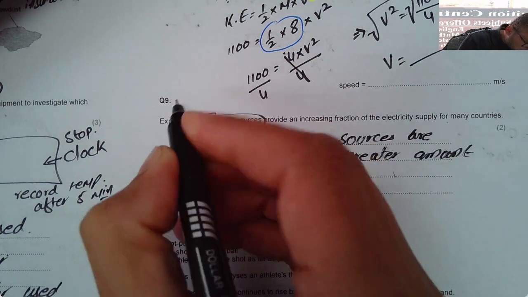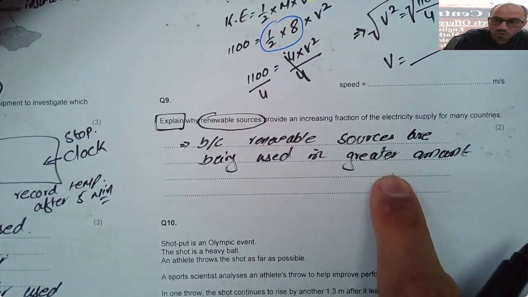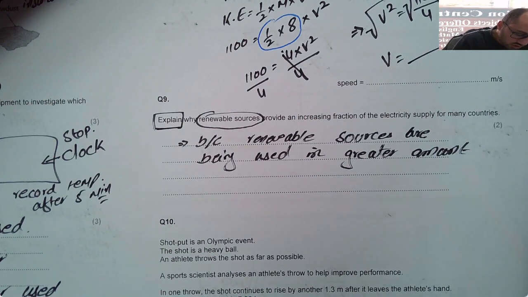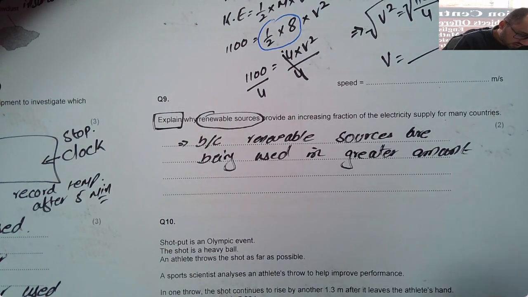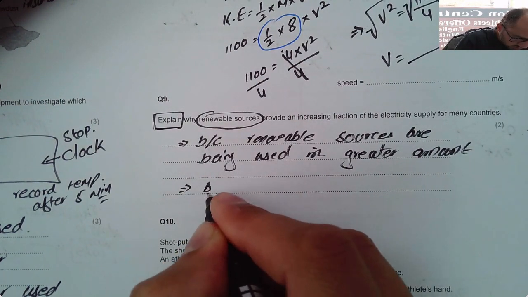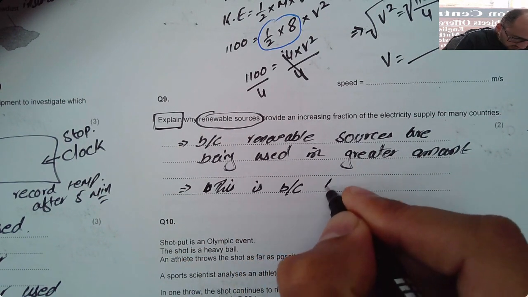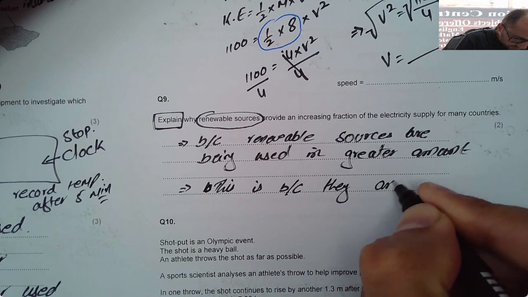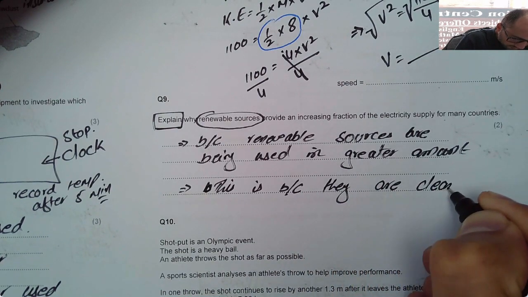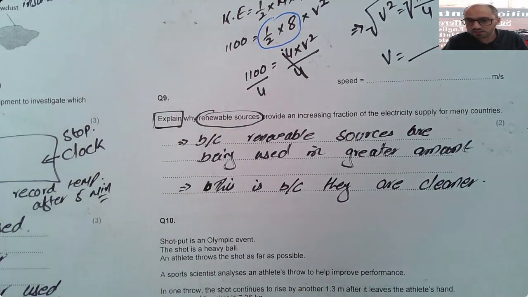Now it's an explain question, so I have to give the reason for this. Why is it that they are using renewable energy in greater amount? This is because they are cleaner. Okay, so they are more environmentally friendly.